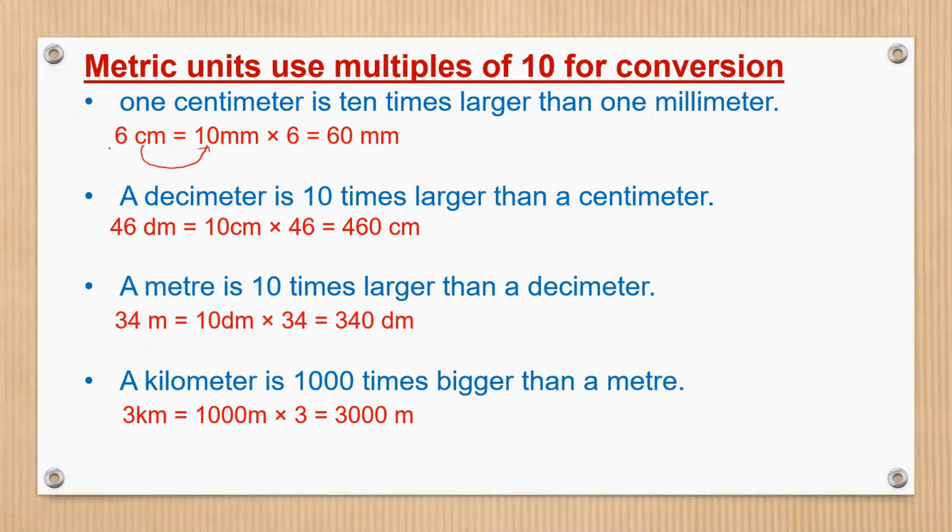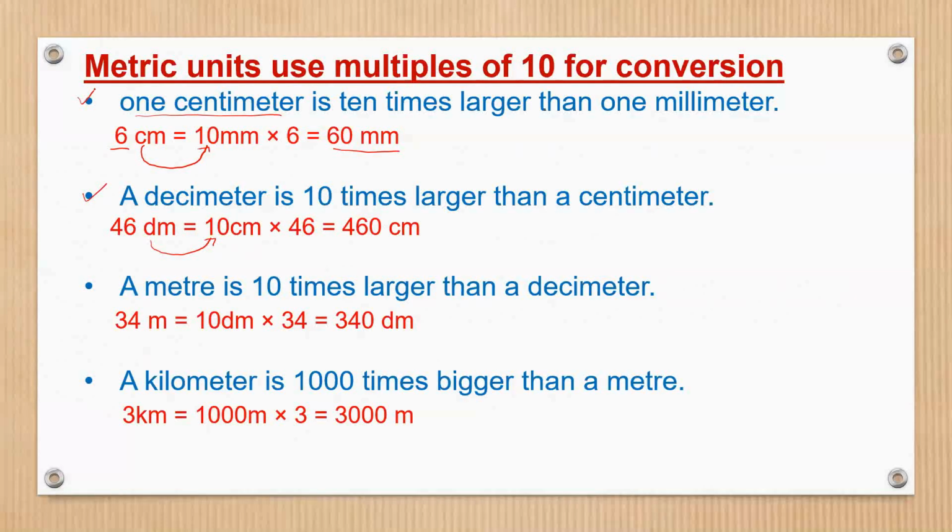So that's why 6 centimeters can be converted into 60 millimeters directly by multiplying by 10. Now, see another conversion. 1 decimeter equals 10 centimeters. Why? I mentioned up here, 1 centimeter is 10 times larger than 1 millimeter. So we can do easy conversion. Now, number 2 here.